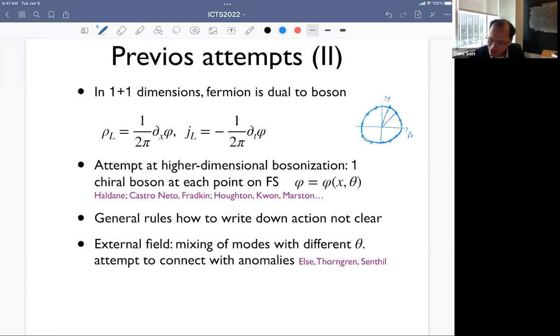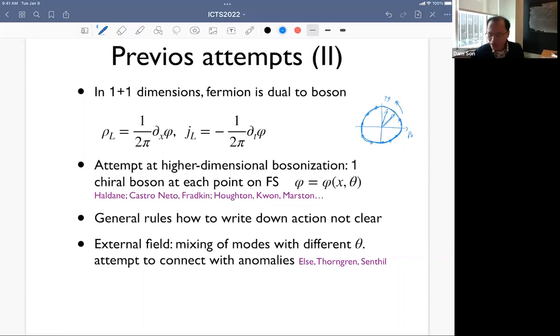If we turn on an electric field, one degree of freedom at one point in the Fermi surface can move to another point in the Fermi surface under the Lorentz force. And recently, Els and Thorsten Senthil have tried to formulate this, using this insight from the motion of quasi-particles near the Fermi surface, to attempt to connect these two anomalies.